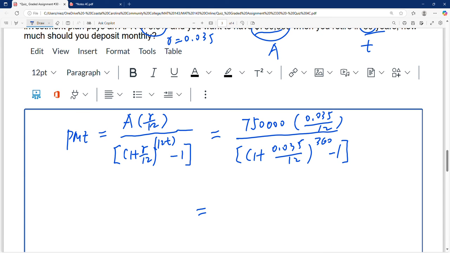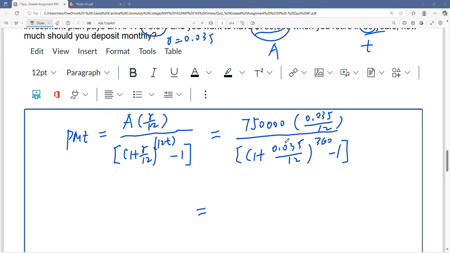Where's the calculator? Okay. So this one, clear this. So 750000, okay. Times, do not put more zeros, all right. Count zeros clearly. It's 4 zeros, right? In our question, 4 zeros here. And then 0.035. Do not miss zeros. Divide by 12 and parentheses.